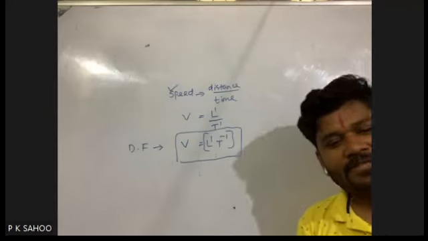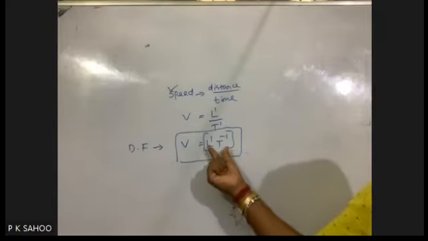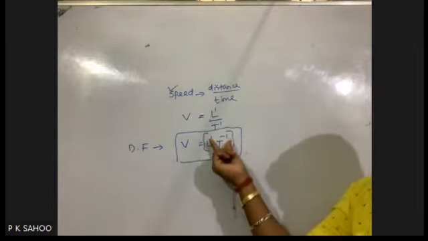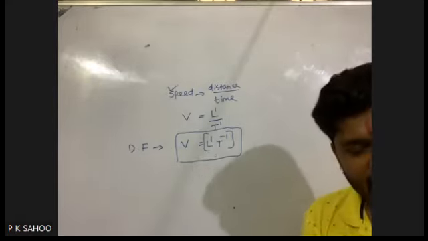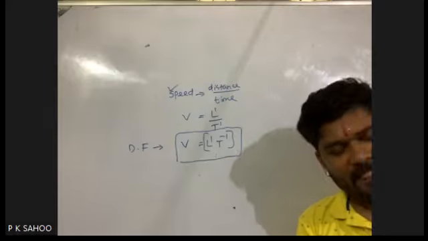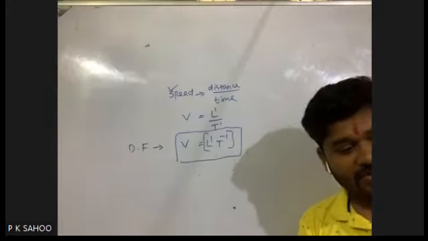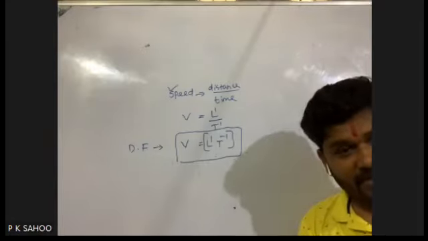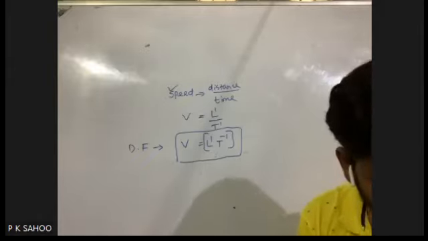Length and time. How are they used? As powers like this. Again, I repeat, the dimensional formula tells us how and which fundamental quantities are used to express the physical quantity. Hope everybody remembers the dimensional formula.